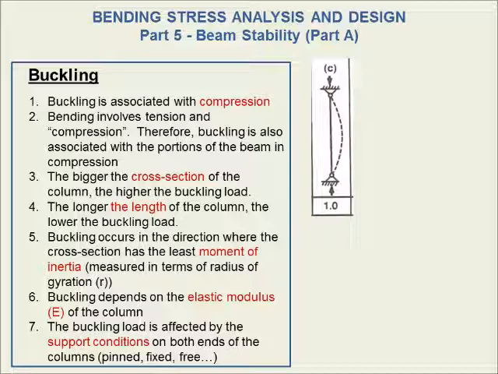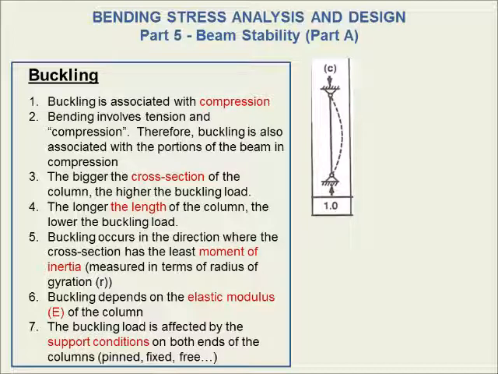The ideal condition, which we have depicted here to the right, is a pinned column, a column that is pinned at the top and the bottom. When it buckles, it is free to start rotating right at the point of support. So it creates this nice, clean, bent shape that we see. And we say that it has an effective length of 1.